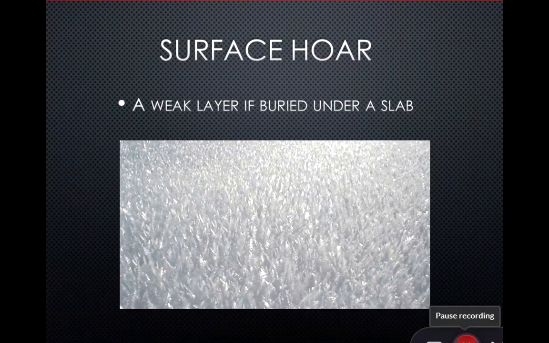Another weak layer which we're especially concerned about, especially with the thin snowpack in like the eastern Alaska range, is going to be depth hoar. And this is faceted crystals that form near the bottom of the snowpack. When you have a thin snowpack and a big temperature difference between the air and the ground, these tend to form at ground level and can create a weak layer, which can lead to large and very dangerous avalanches, because basically the entire snowpack down to the ground can slide.